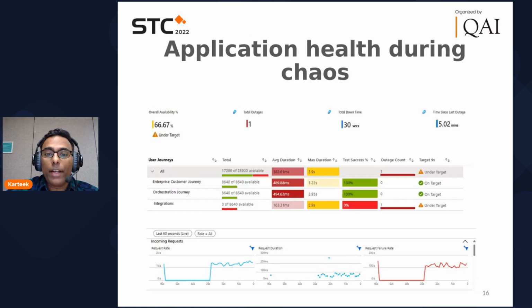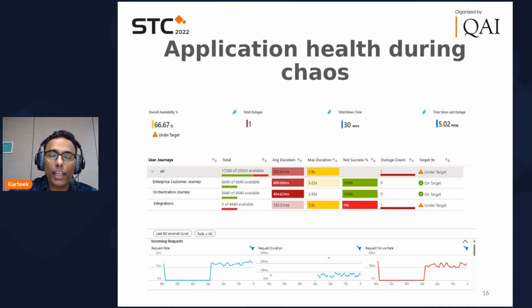As soon as I trigger a chaos experiment, I suddenly see my overall availability fell to 66.67%, but that was for that moment. It averages out if it runs for a longer period, but we can clearly see what happens when a chaos experiment was triggered. All my requests started failing, and within 30 seconds, once the chaos experiment was complete, it came back up.